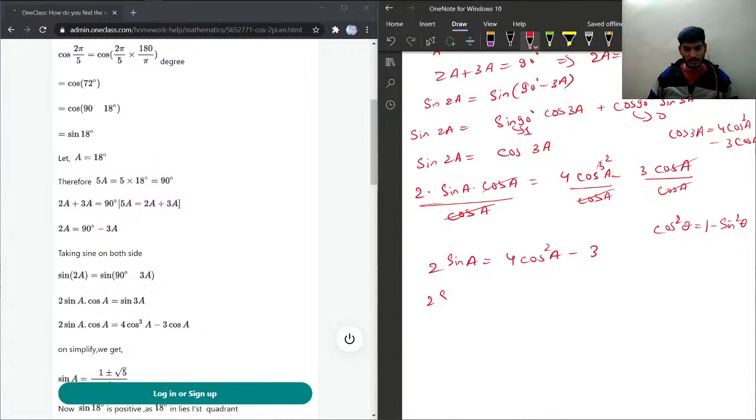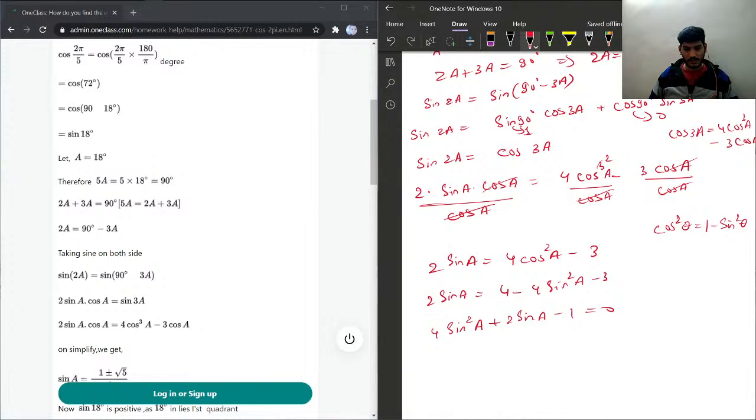So I will write 2 sine A equals 4 minus 4 sine square A minus 3. This will be 1, and we'll take every term on this side. So this will become 4 sine square A plus 2 sine A minus 1.